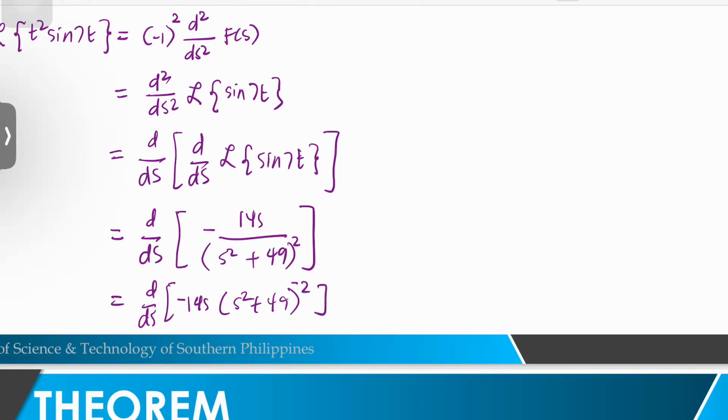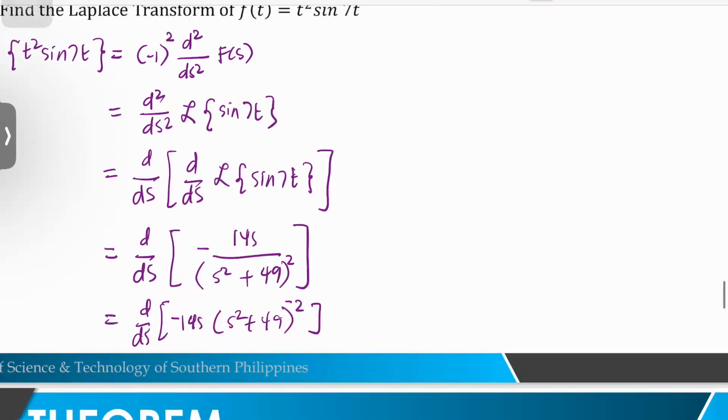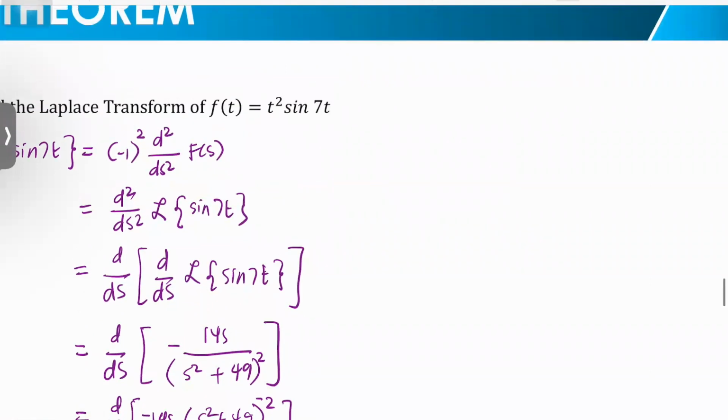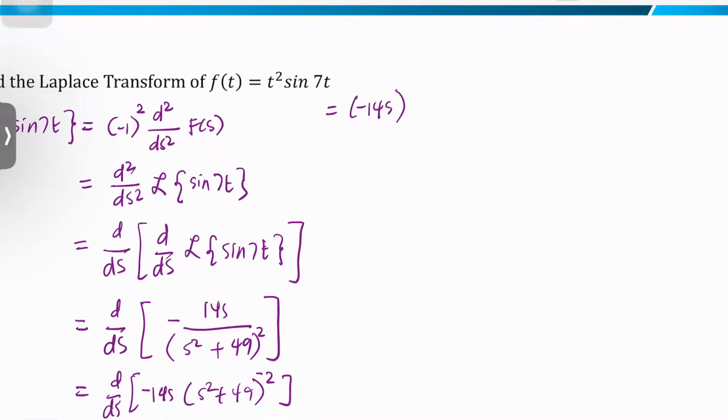All right, since we have here 14s and an expression of s here, we use the product rule of differentiation. So we copy negative 14s and then differentiate the second one. To differentiate that, bring down negative 2.